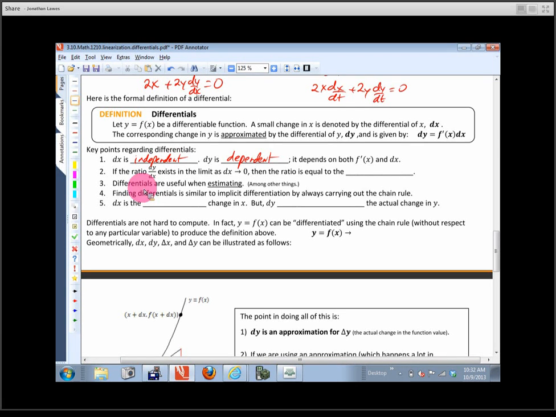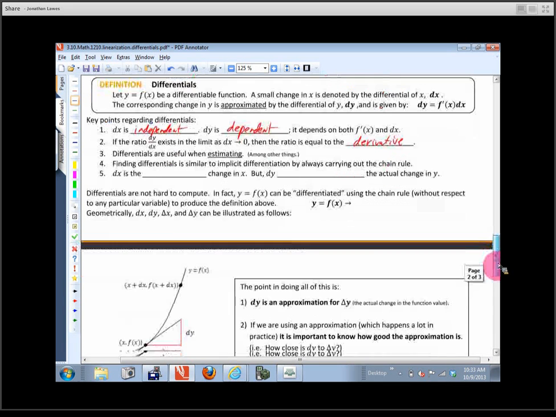If that limit exists, then that ratio is equal to the derivative. So they are the same thing as long as they're equal in the limit. And it's not really the derivative unless that limit exists.